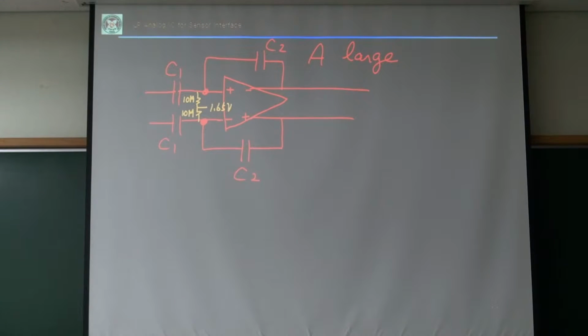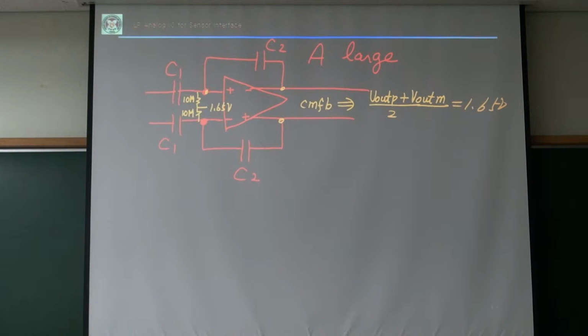In that case, I have a DC bias for the input voltage, right? The output DC bias voltage will be managed by the CMFB circuit. The CMFB circuit will generate the output common mode voltage of 1.65 volt, right? This is the role of the CMFB circuit.